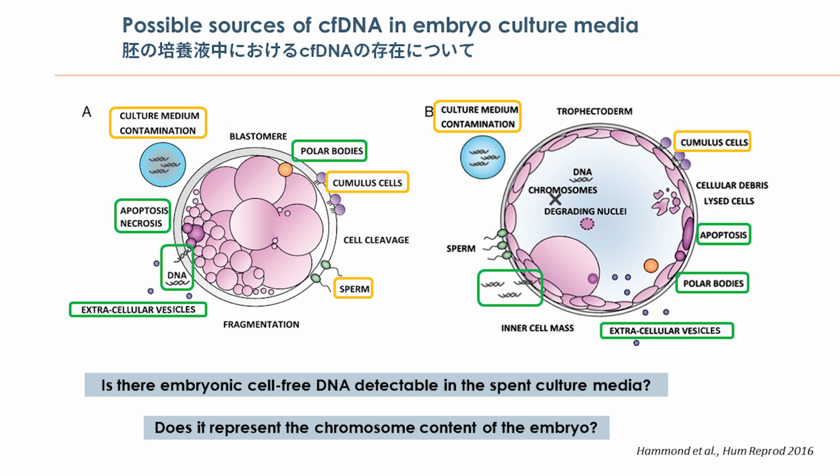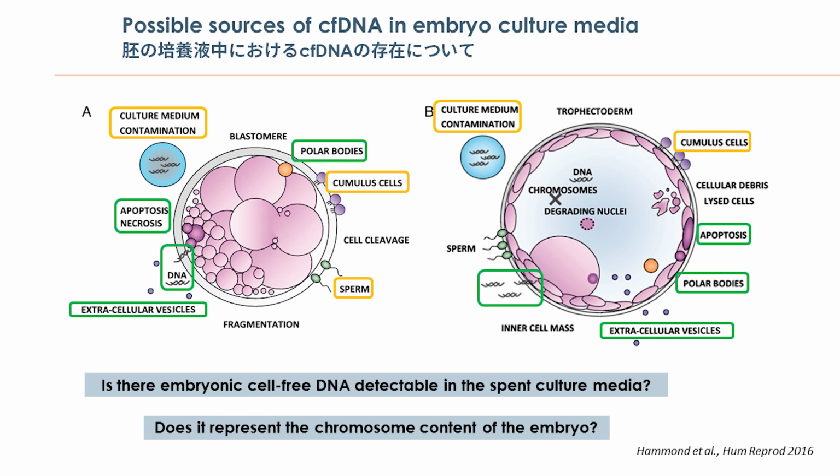We should take great care about culture media contamination. During the IVF procedure, we are manipulating the embryos, we are preparing dishes with the culture media. We have to be very careful not to contaminate the drop, the dishes, or the pipettes with DNA. So these are all the potential sources of DNA on day 3.